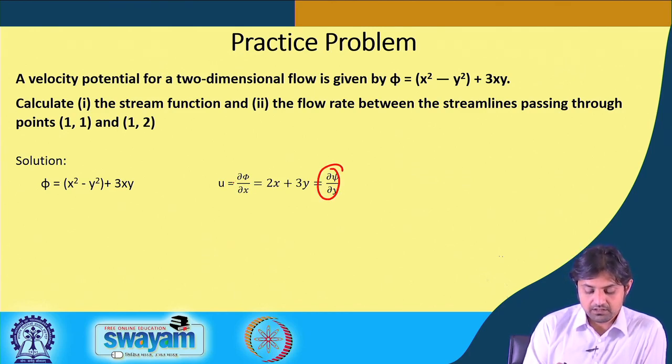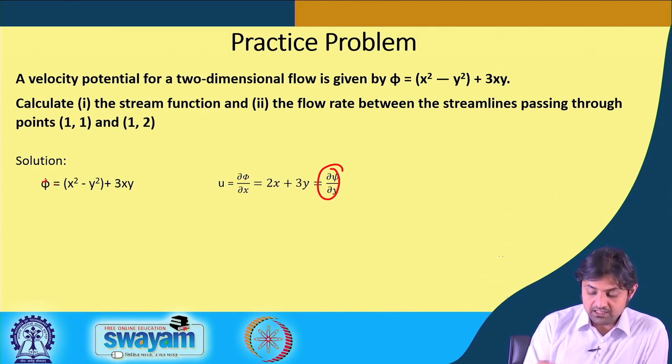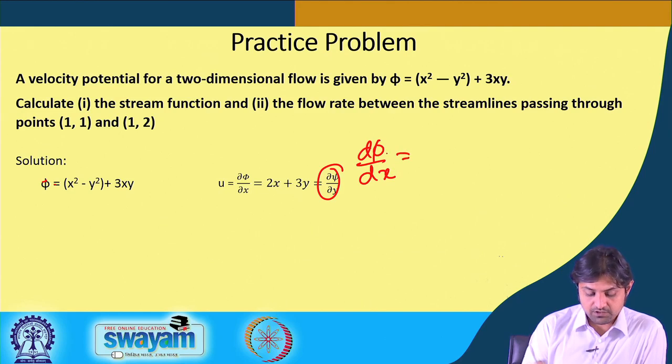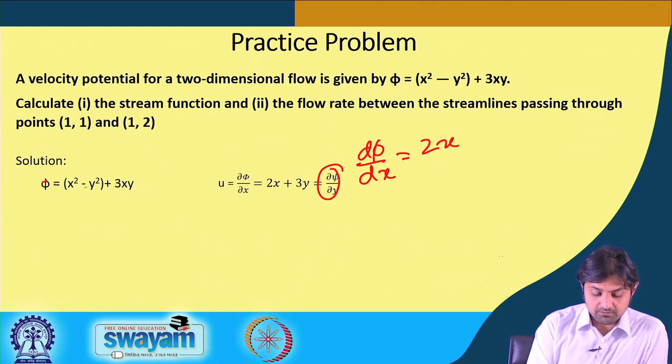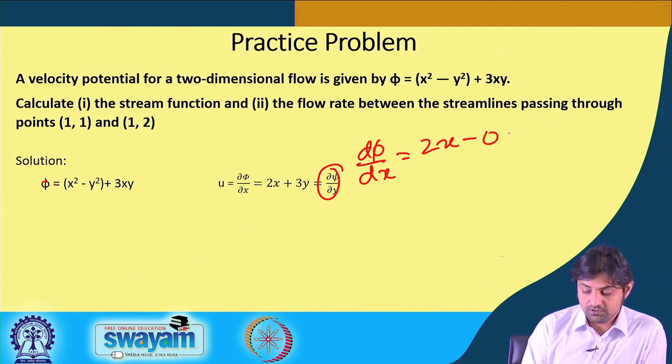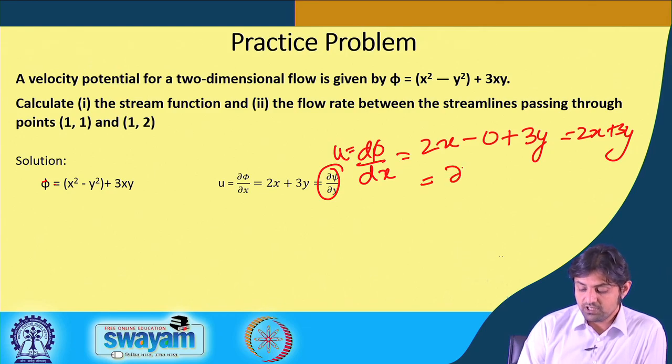So we find del phi by del x is equal to 2x minus 0 plus 3y, that is 2x plus 3y, but this del phi by del x, or u, is also equal to del psi by del y.